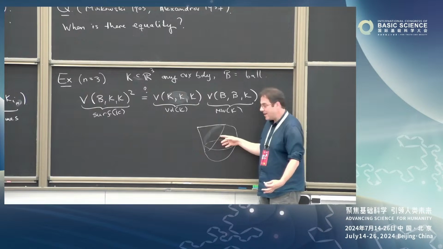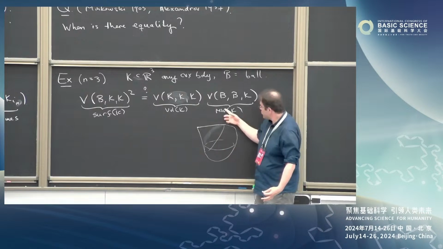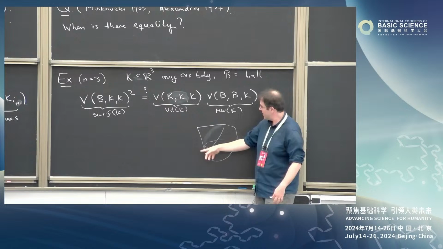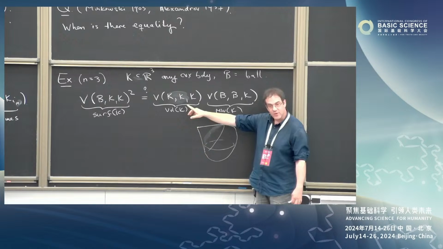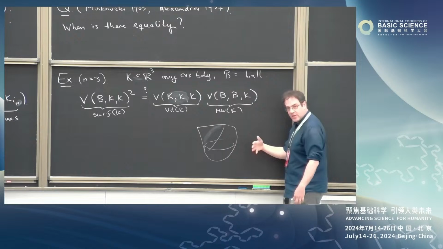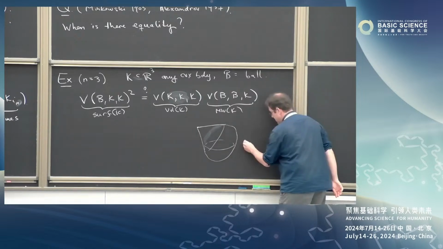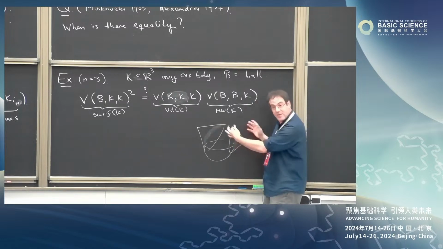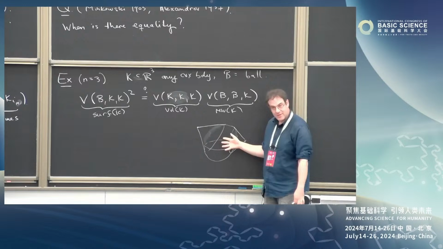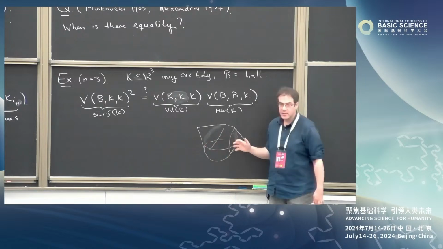So if I fix the mean volume, it turns out to minimize surface area. I can do this, and that's also a minimum. I can put this where I want.